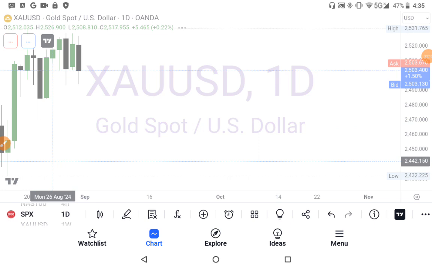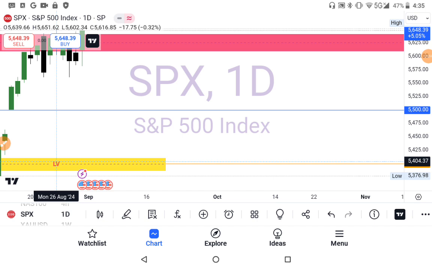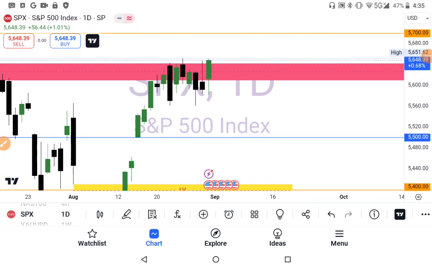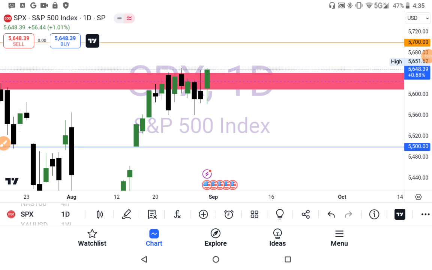So now S&P 500. As of last week, I was expecting a movement from 5,700 serving as a kind of resistance. Or if it was unable to act as a resistance, it should at least give us 5,660. 5,660 was delivered.